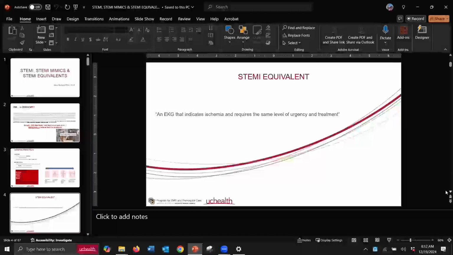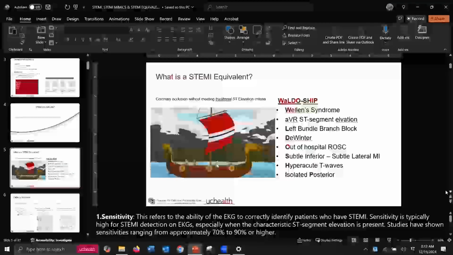They may look weird, but you ask yourself why. Well, it's going to become evident here as we go through this. So, as with anything in EMS, we have a magic mnemonic that helps us identify those equivalent STEMIs. It's called WALDO-SHIP.